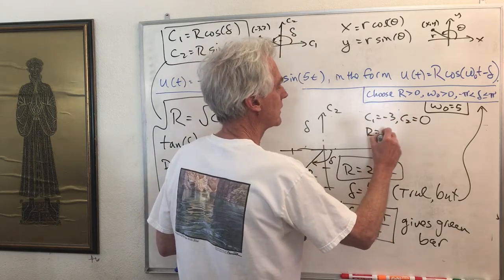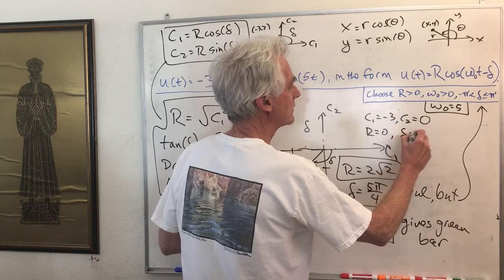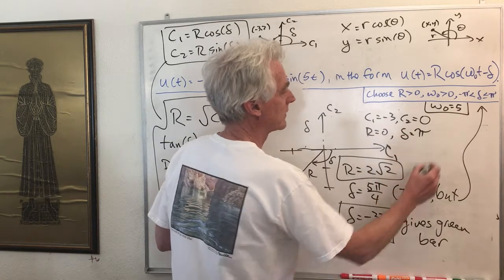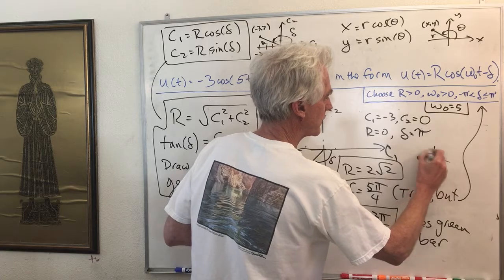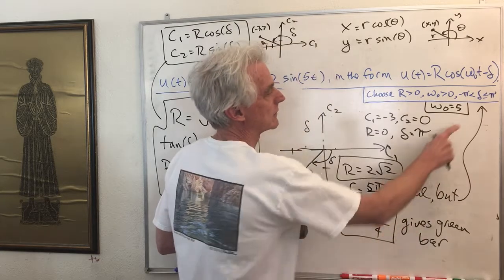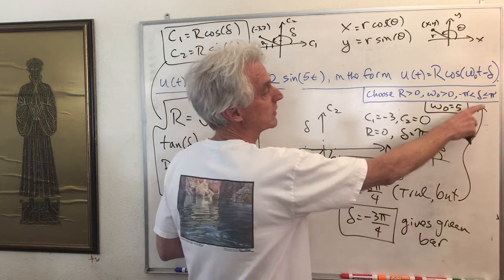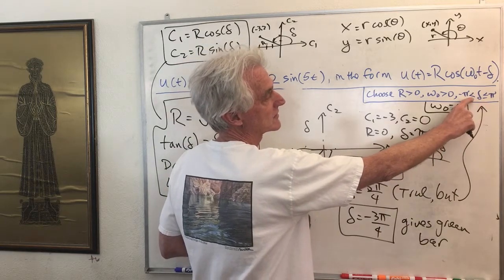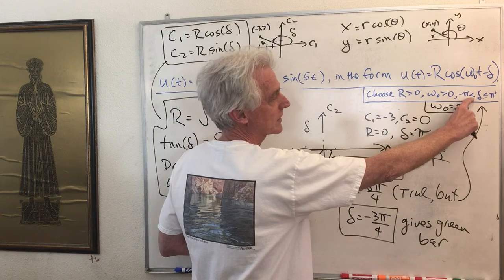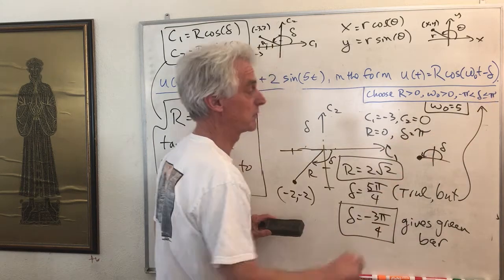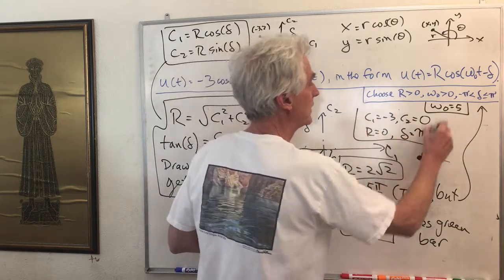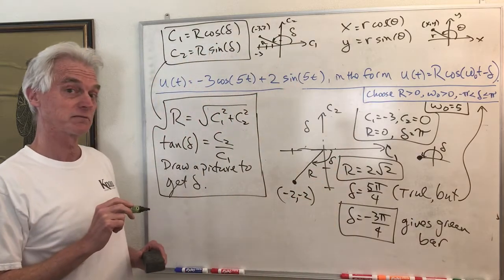That is R is 3, and delta is going to be now pi. Here's the picture. It's way over here. Right? And actually, delta of negative pi would also be true, but it's not correct, because delta's got to be strictly bigger than negative pi, but it can be equal to pi. So that's the one you would use if those are your numbers.